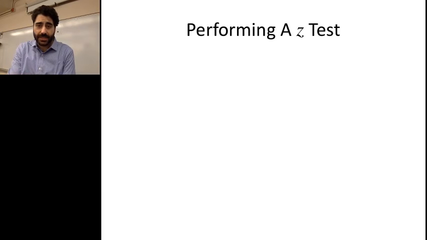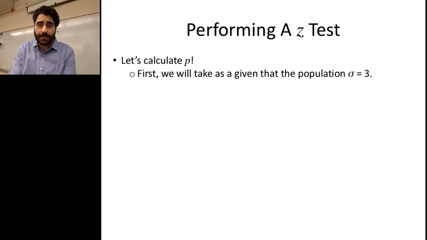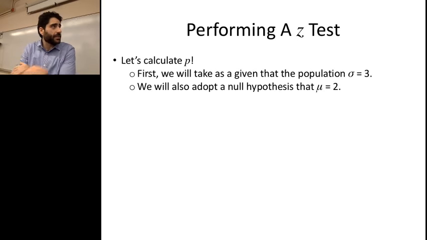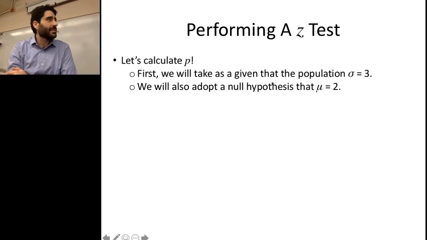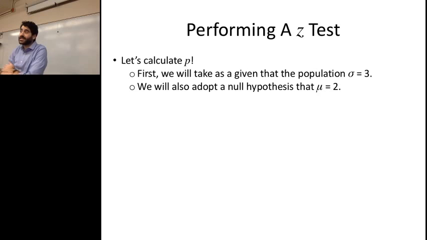So let's walk through an example of this. Let's assume that our null hypothesis is that the mean is 2 and the standard deviation of this null population is 3. Again, this assumption here is a pretty reasonable one. Usually we're going to have some null hypothesis that comes from some theory we're trying to test.